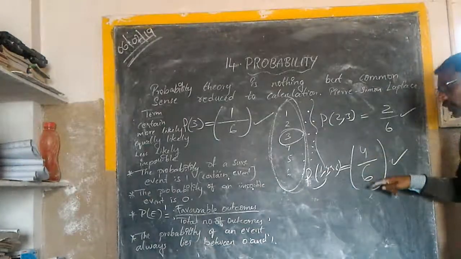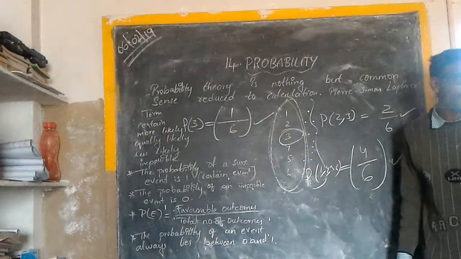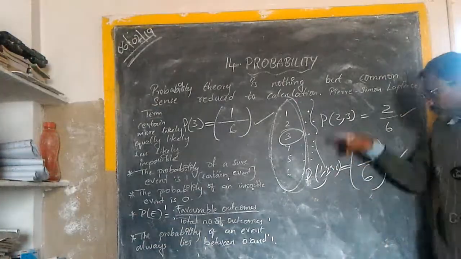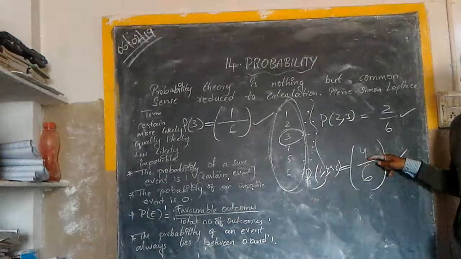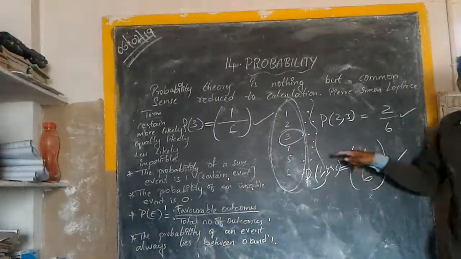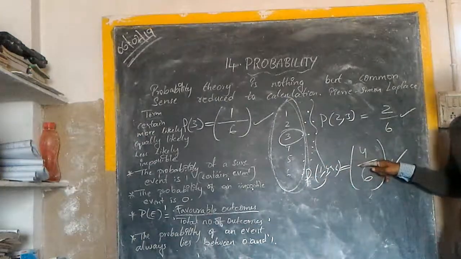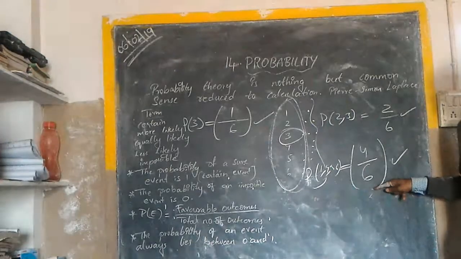Favorable outcomes by total outcomes is nothing but probability, which we define with the help of these conditions. Do you understand my point? Favorable outcomes by total number of outcomes. The probability is nothing but the ratio of favorable outcomes to total number of outcomes.